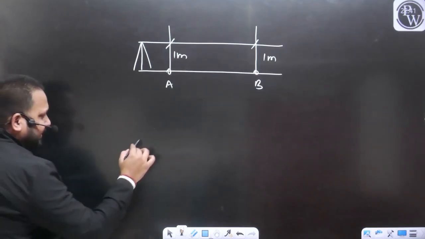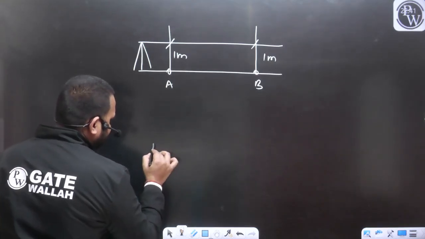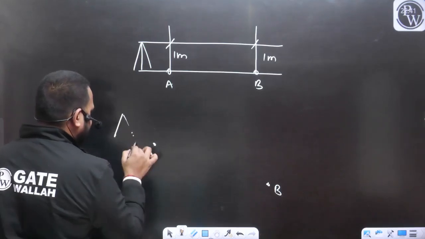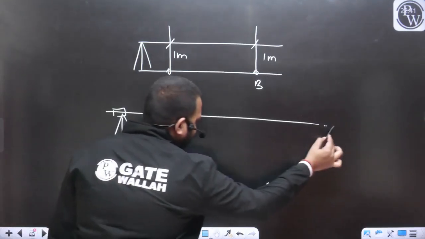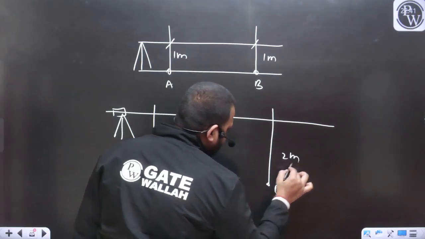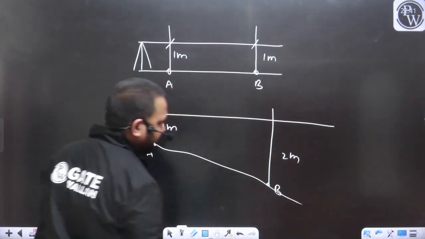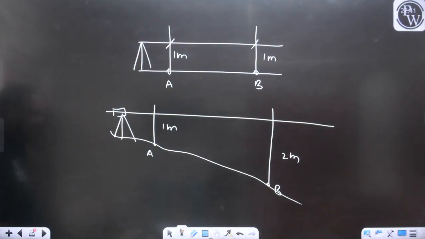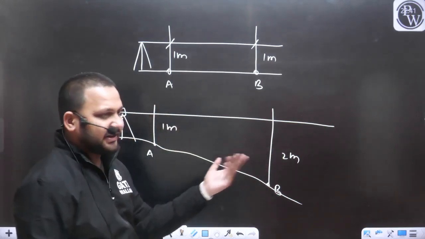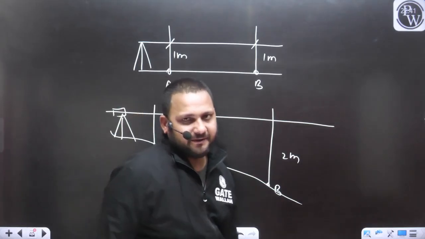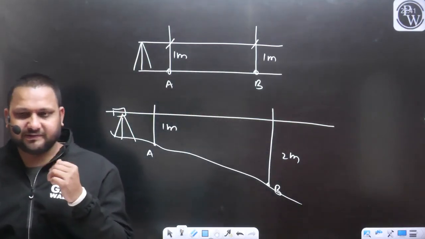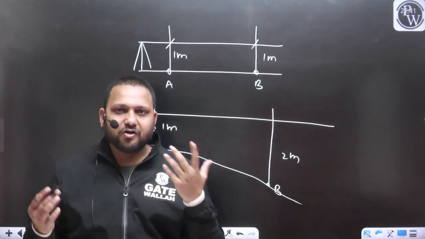But if these points have different elevations, let's say this is point A and this is point B, when you place the instrument here you will get some reading, let's say 1 meter here and 2 meter there. Yes or no? And when you shift the instrument near B, these readings will change. So how will you get the same reading, when these two points have different elevations?